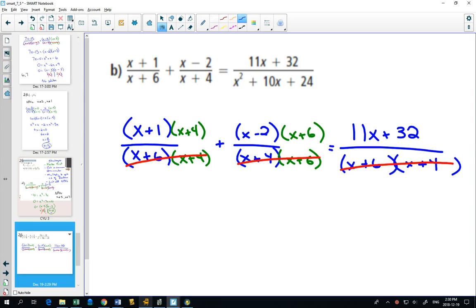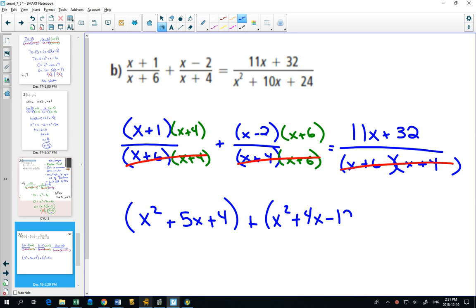those would all cancel out, and you would be left with, this simplifies to x squared plus 5x plus 4. This simplifies to x squared plus 4x minus 12. And this is equal to 11x plus 32. That's a lot of x's. Do we have any like terms? Move everything over to one side.